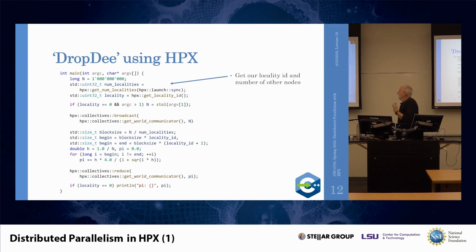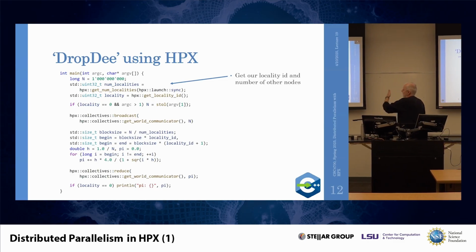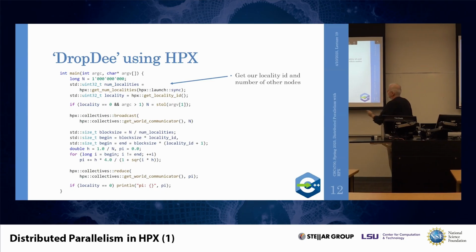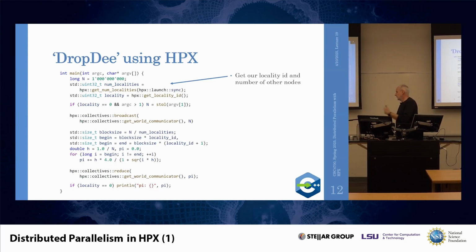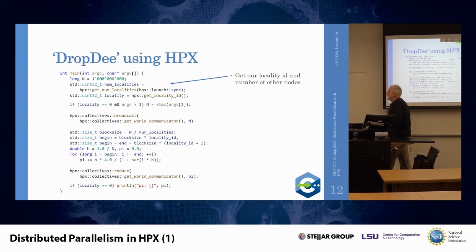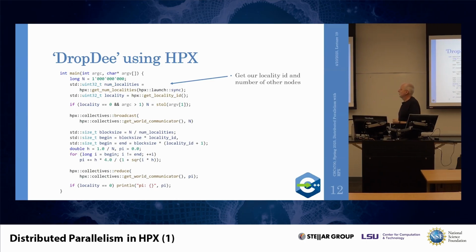So we have several parts now to our distributed application. First, we have to figure out what our locality ID is, what our sequence number is in the currently running set of processes, and how many processes are connected to that application in the first place.